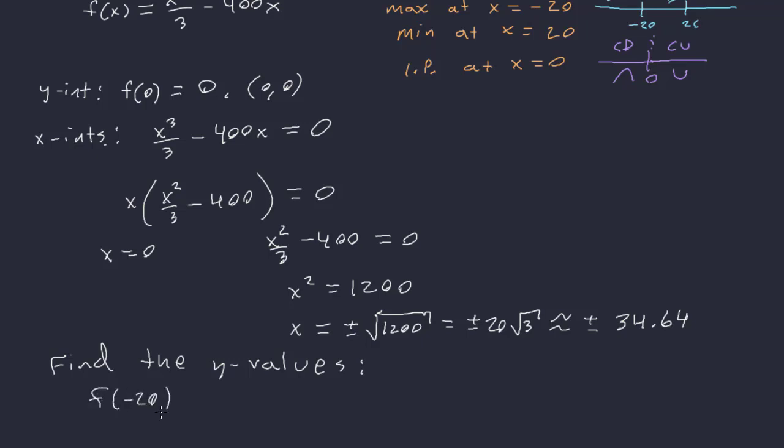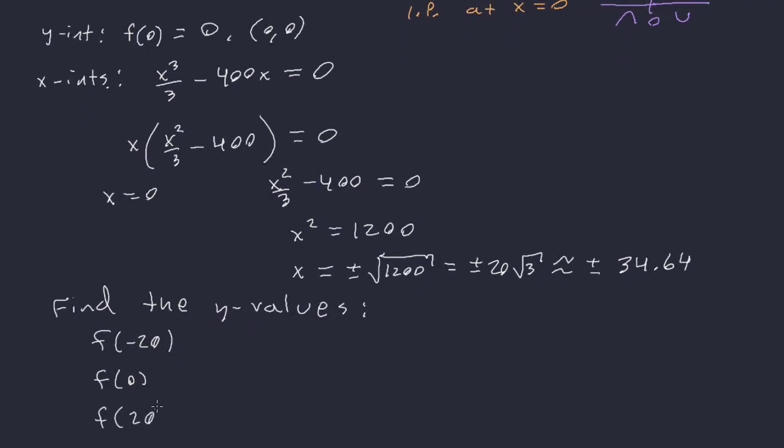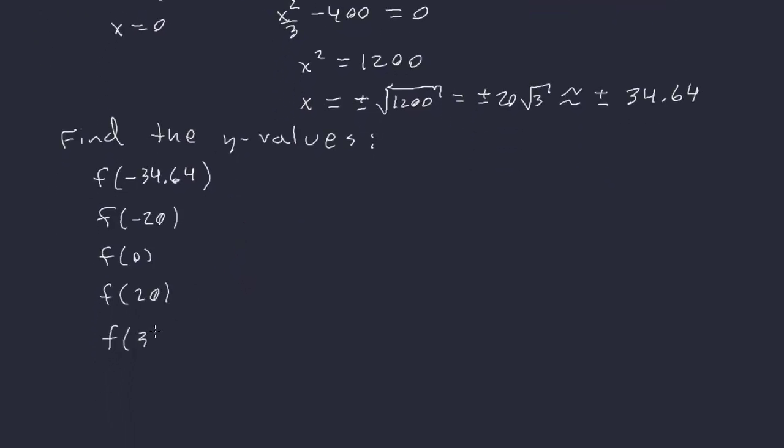So it's going to be f of negative 20, f of, well, we already know f of 0 is 0, but I'll go ahead and put it, f of 0, f of negative 20, or sorry, positive 20, and we probably need to add the negative 34.64 and the positive 34.64 and see what we get.